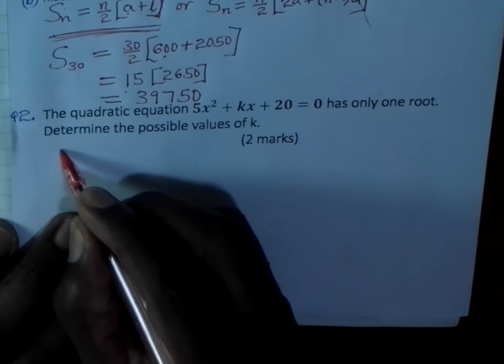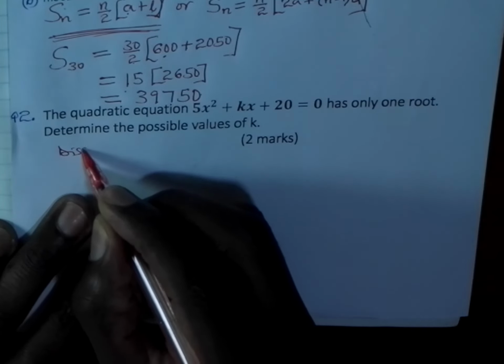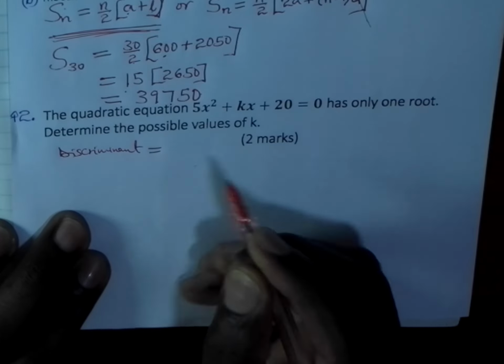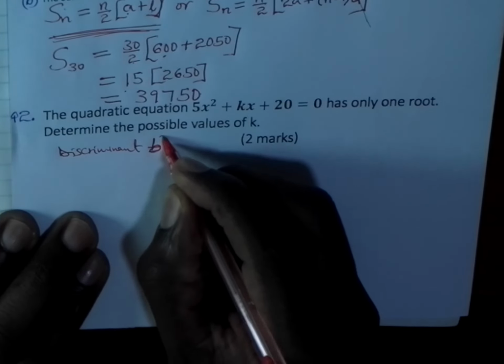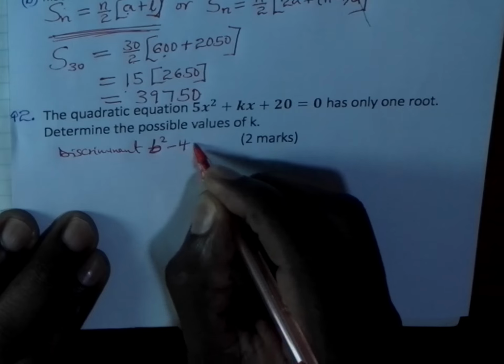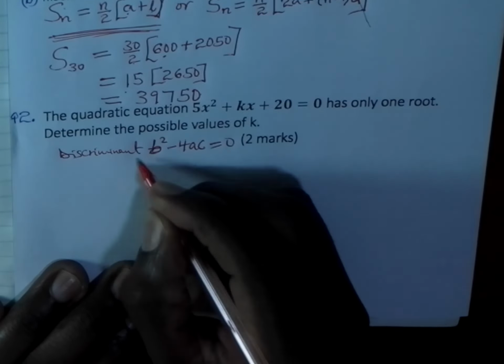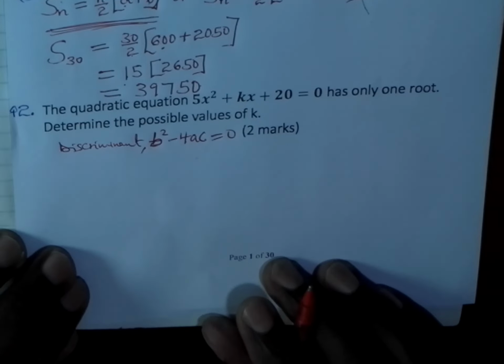Therefore, in this case, the discriminant, which is normally b squared minus 4ac, will be equal to 0. That's the discriminant.